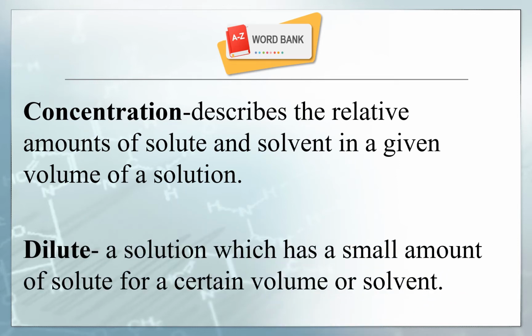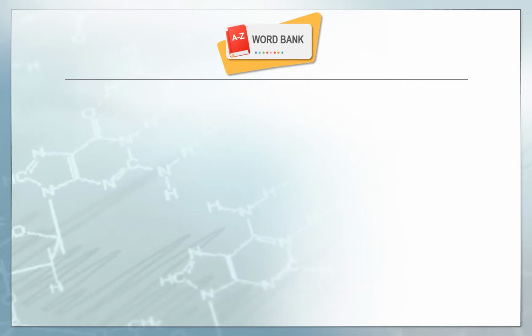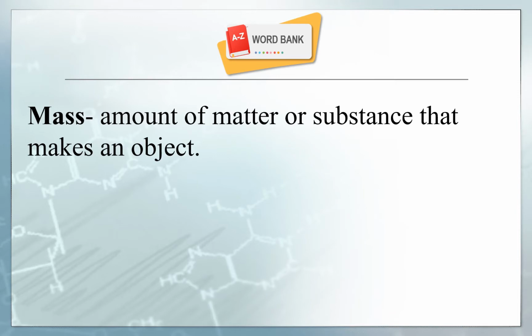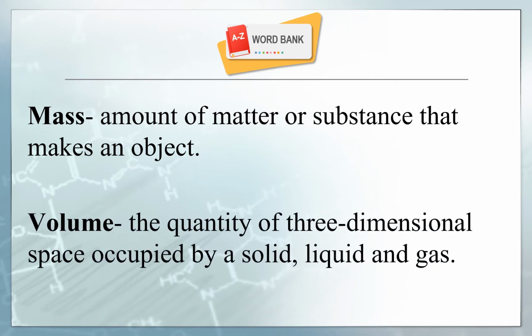Dilute, a solution which has a small amount of solute for a certain volume of solvent. Mass, the amount of matter or substance that makes an object. Volume, the quantity of three-dimensional space occupied by a solid, liquid, and gas.